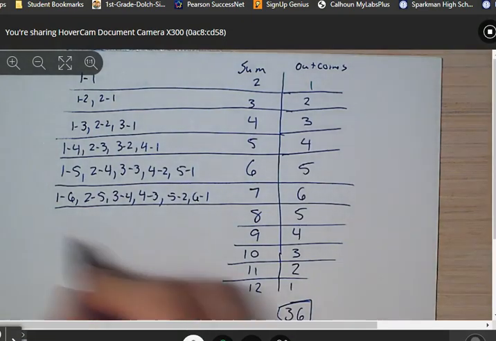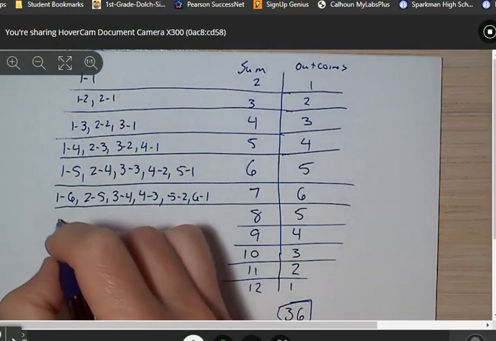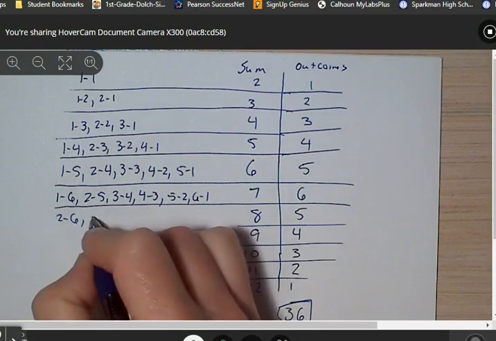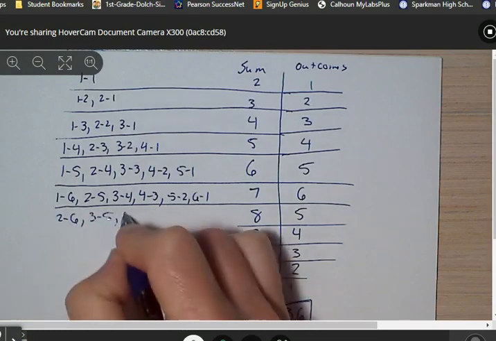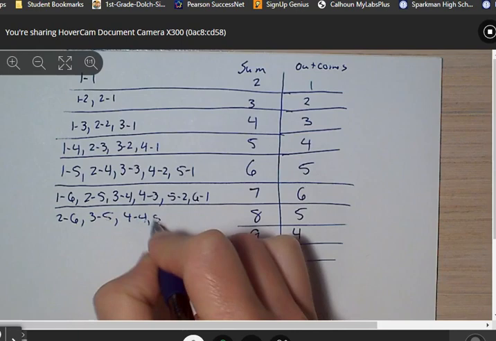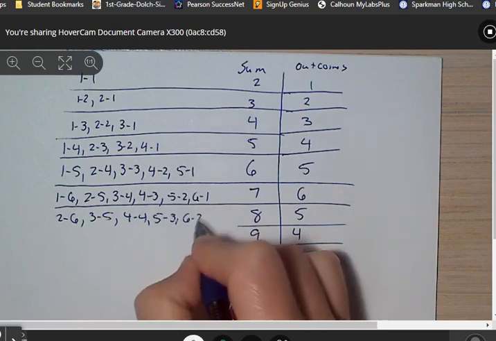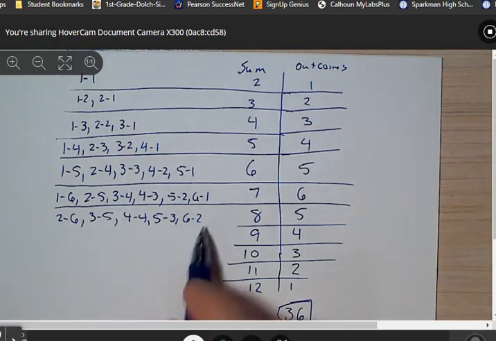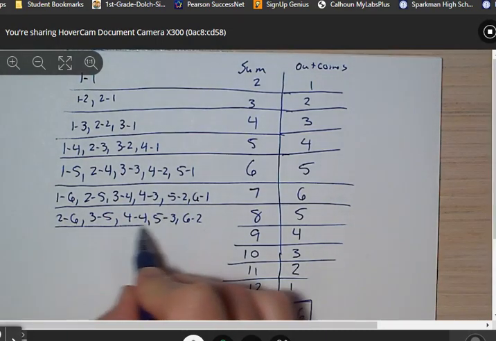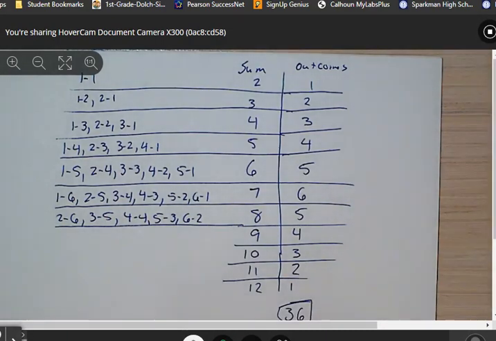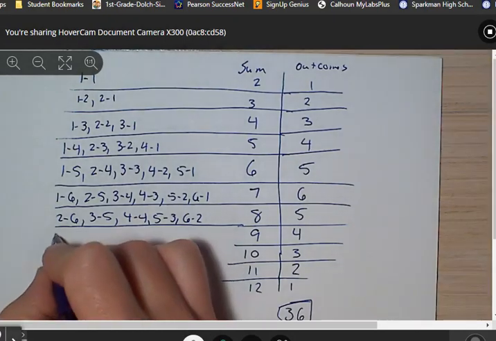And if you're one of those people that you need to fill out the chart to finish this one off, and some of you aren't, so that's okay.